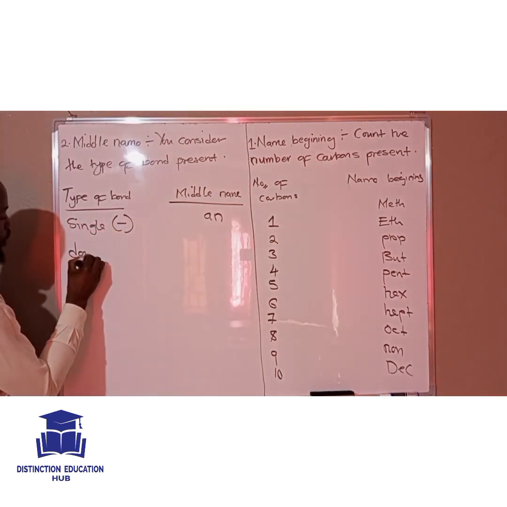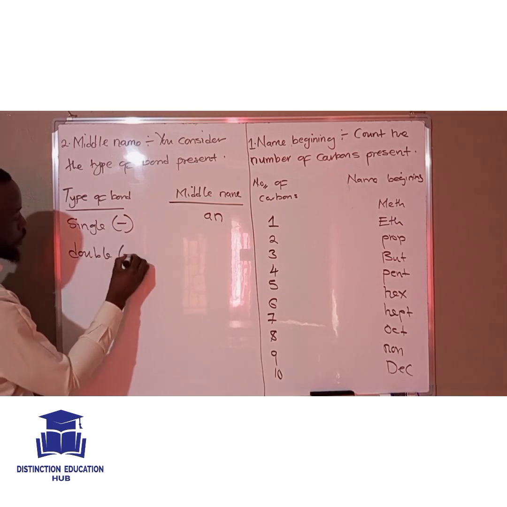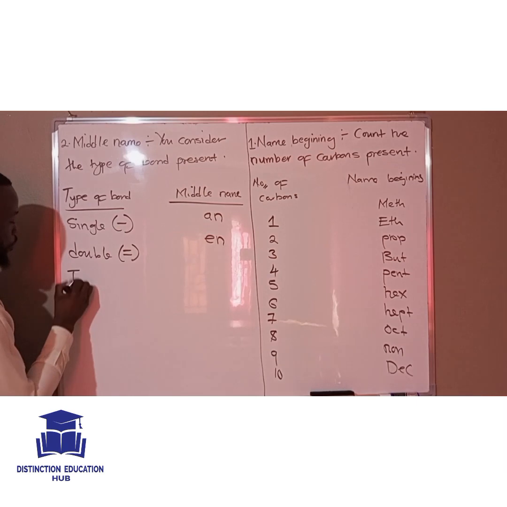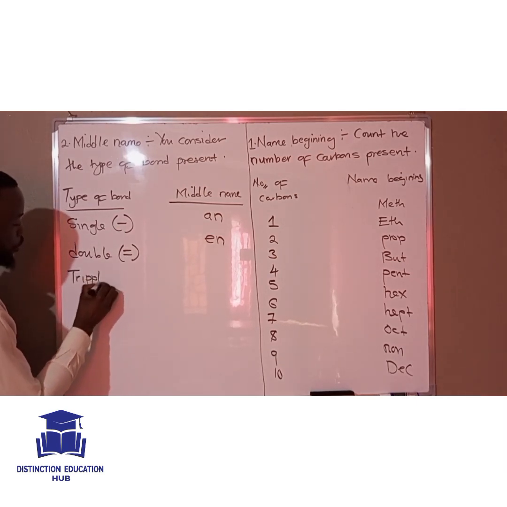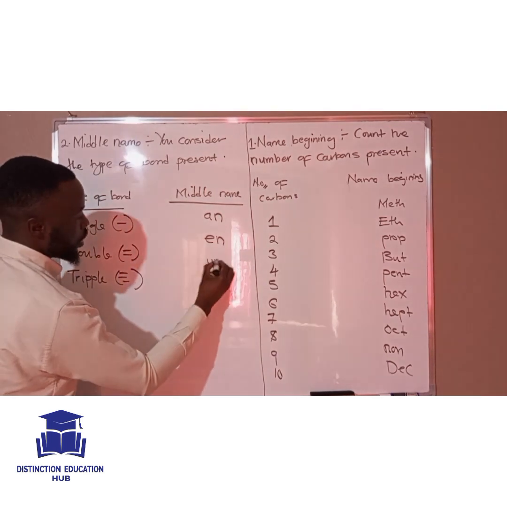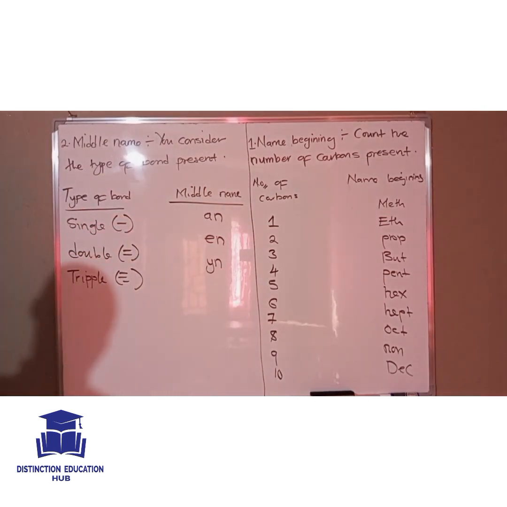If it's a double bond, which looks like this, the middle name is EN. If it's a triple bond, which looks like this, the middle name is YN. That's number 2, the middle name.